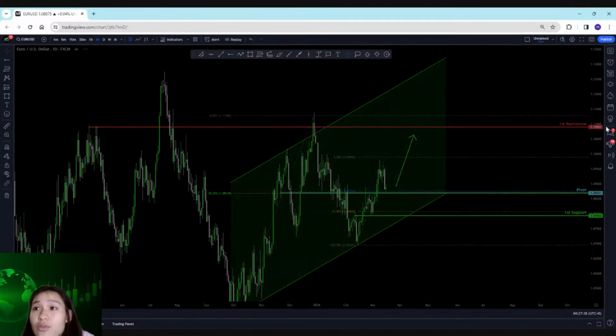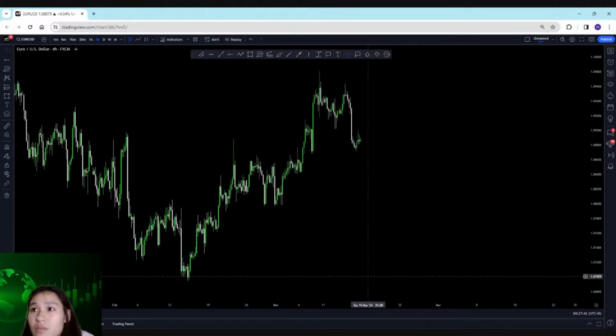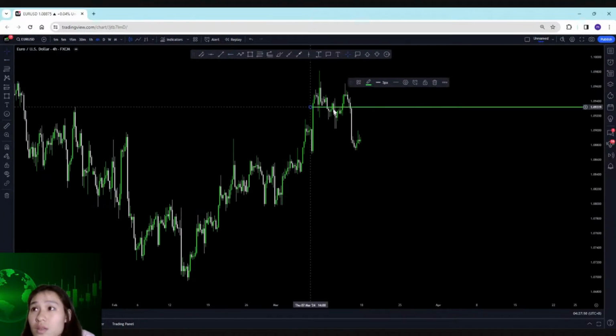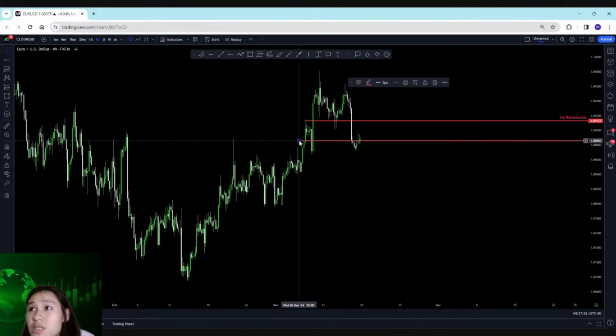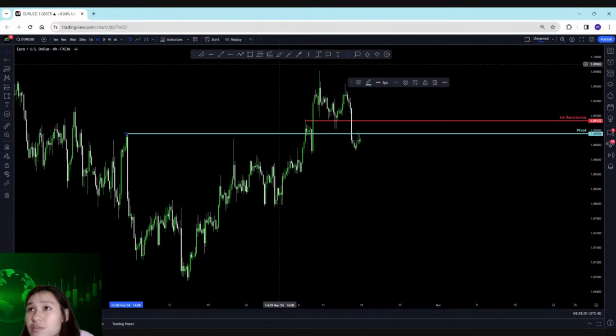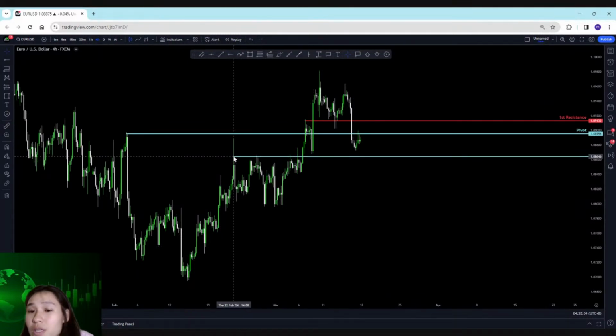Now, if we look at our 4-hour time frame, I'm gonna label this my first resistance and my pivot and my first support over here.